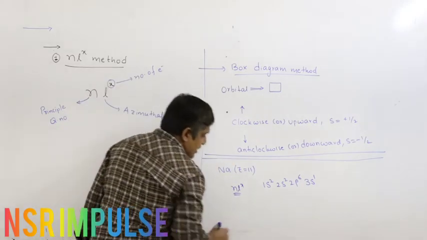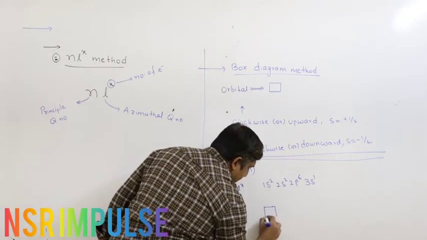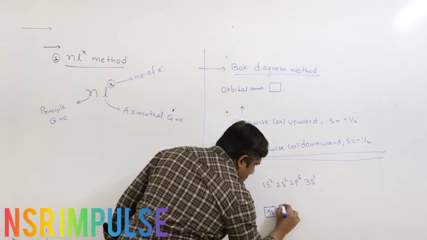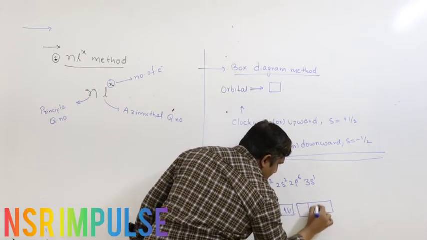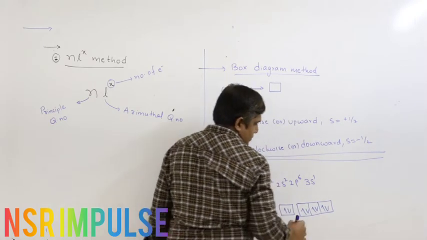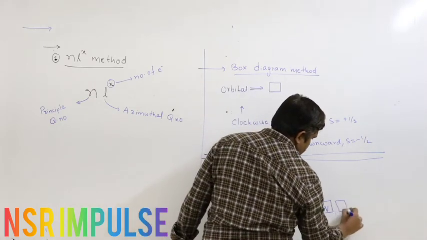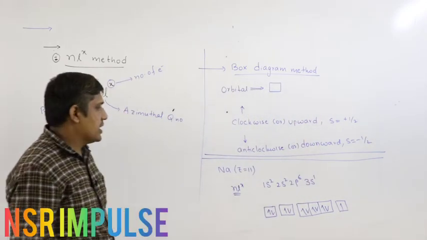If I write it in the box diagram method: 1s2, 2s2, 2p6 with six boxes, 1, 2, 3, 4, 5, 6, and 3s1. So this is the box diagram method.